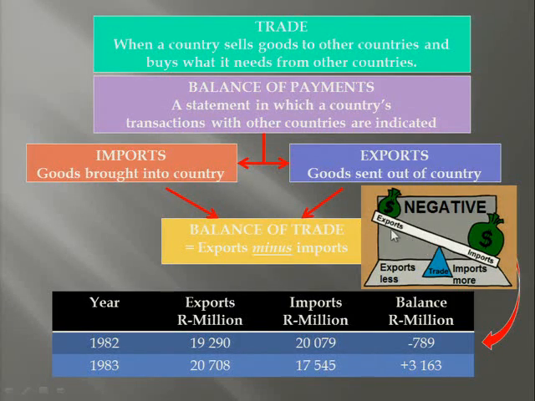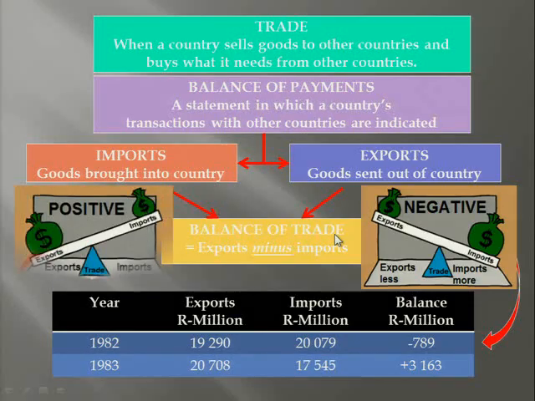A negative balance of trade is when the imports are more than the exports. So it means we have bought a lot of things from outside countries and we have sold a little to outside countries. Then it makes our balance of trade negative. Can you see that? And then a positive balance of trade, you have exports being higher than imports.